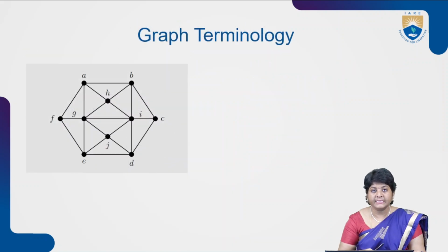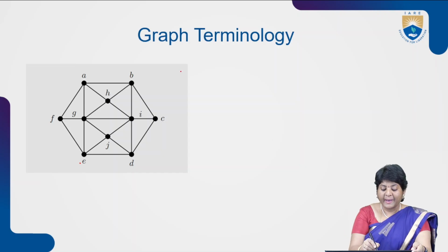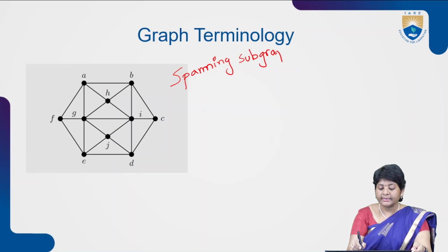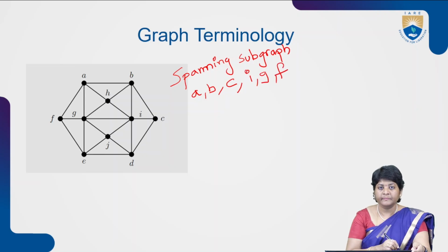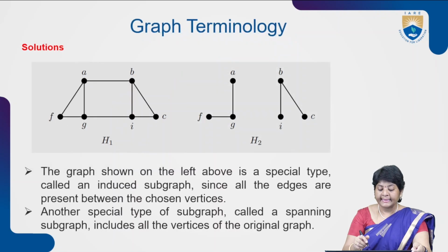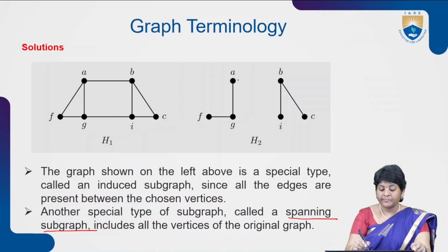And one more graph is the spanning subgraph. Even this subgraph should have the vertices A, B, C, I, G, F. So this is the spanning subgraph where A, G, F, B, I, C are a subset of the main graph.